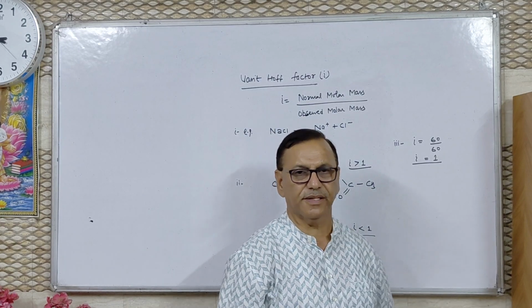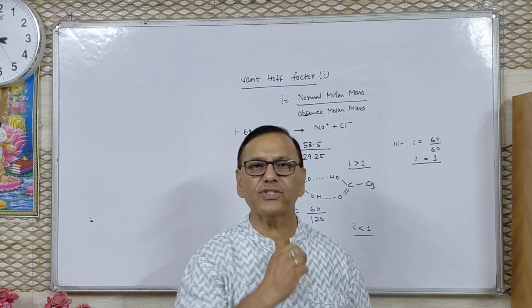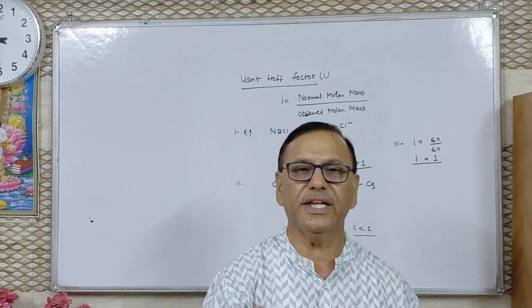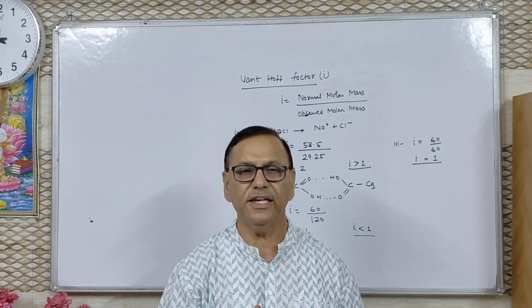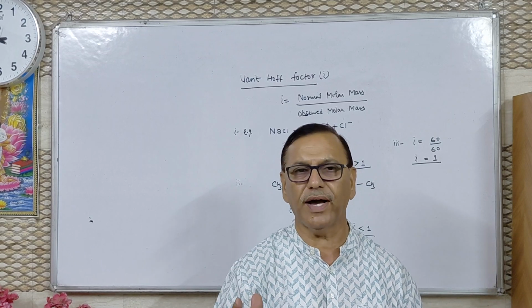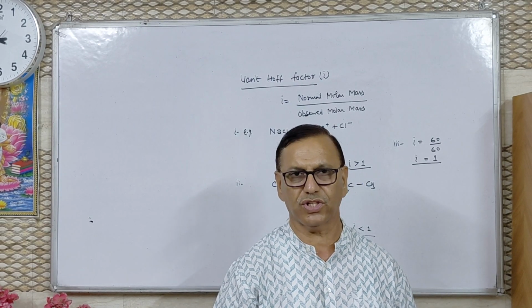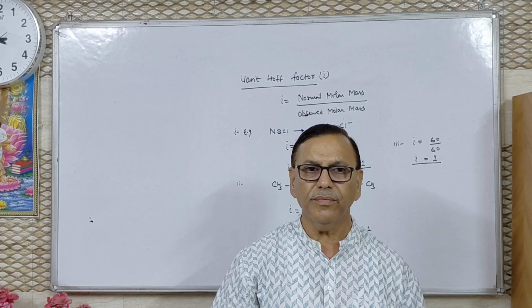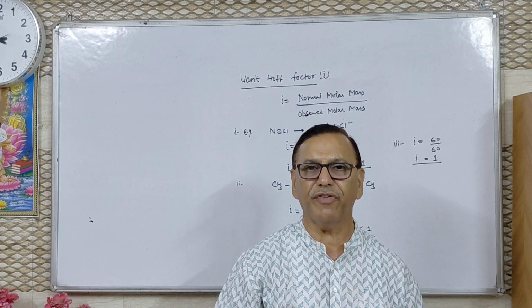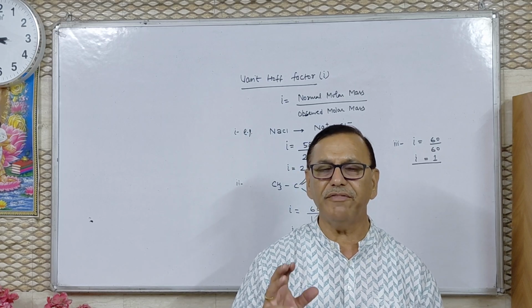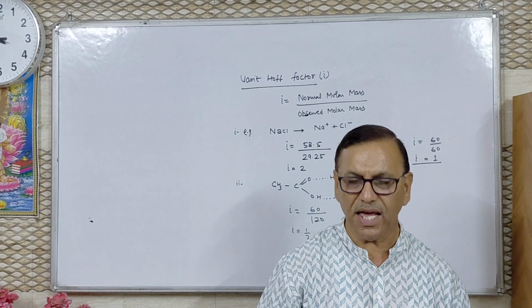This indicates that in case of association or dissociation, the i value becomes less than or greater than 1, and equal to 1 in case of no dissociation or no association. How the Van 't Hoff factor will modify the colligative property, this part I will explain in the next explanation.